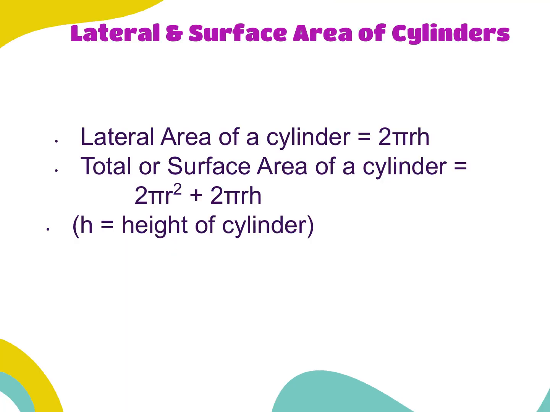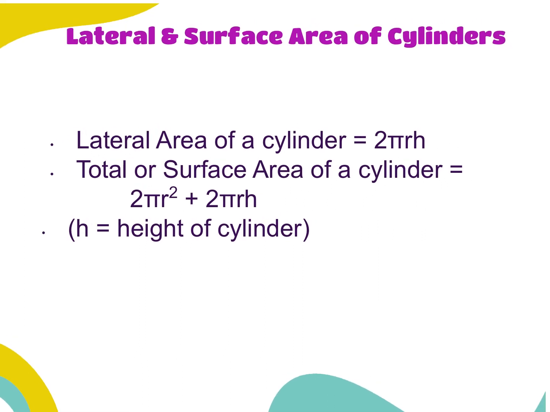So just to review, this is where I unfolded that piece of paper and I showed you that the lateral area of a cylinder was like a rectangle, and the formula for lateral area of a cylinder is 2 times pi times radius times height. And if you recall, this 2 pi r is like the circumference of the top of the cylinder.